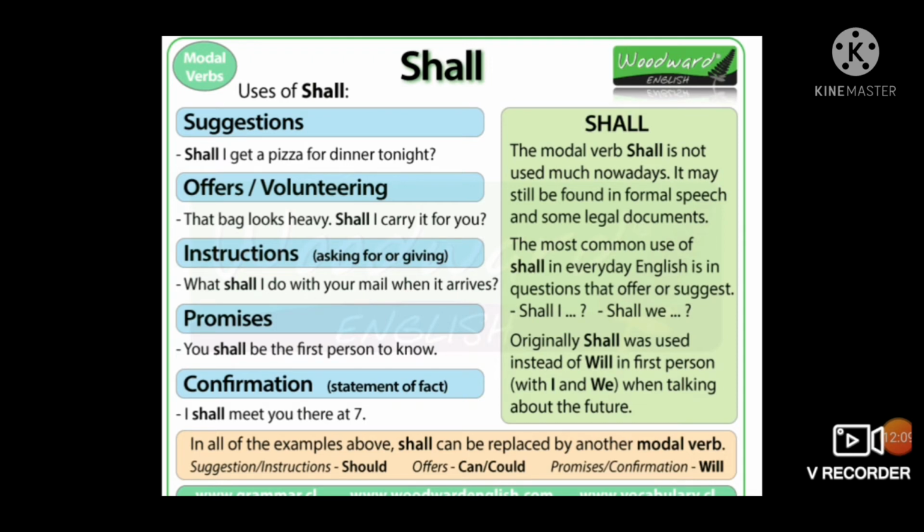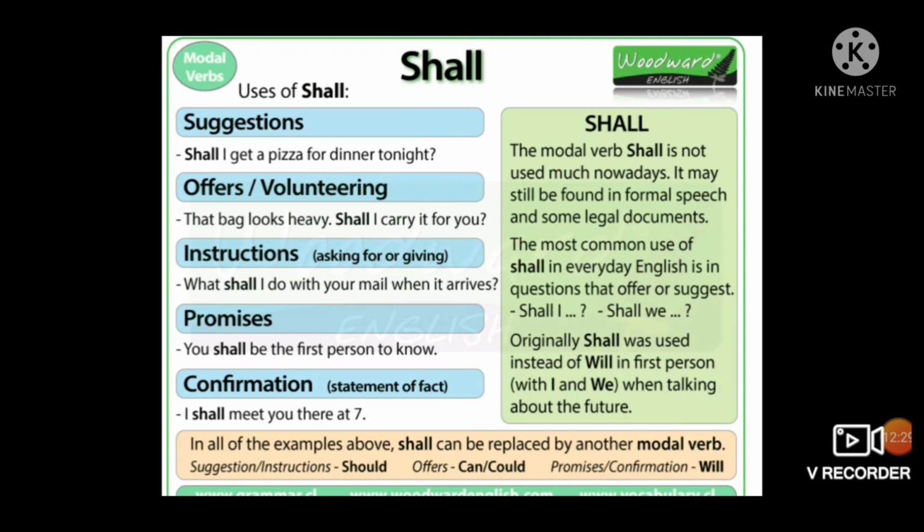You shall be the first person to know. While making a promise also, we can use shall. Then, confirmation, a statement of fact. I shall meet you there at 7. It's also a promise. I shall meet you there at 7.